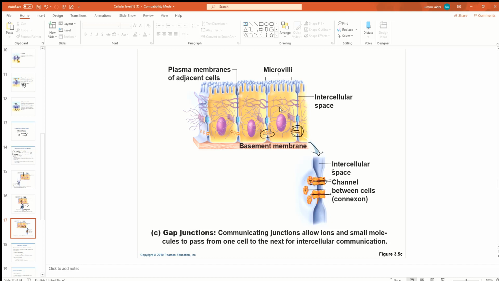Okay, and they can talk to each other. Cells can quickly communicate. Plenty of gap junctions are present in between the cardiac muscle cells. So when changes occur in one area, it quickly spreads to the other cells, so the heart can contract together.